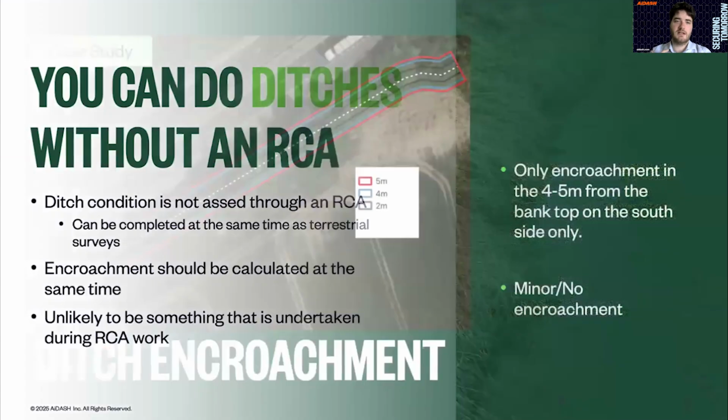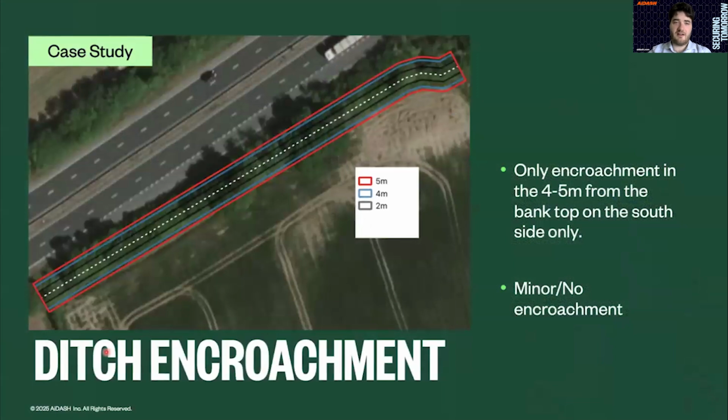So for ditch encroachment, we have a very similar process, very similar size bands, but they're half in size because the riparian zone is half the size. So here we have a 5 meter, a 4 meter, and a 2 meter buffer around the river for those different sections. And we can see that the north side of this river is all broadly natural habitats.